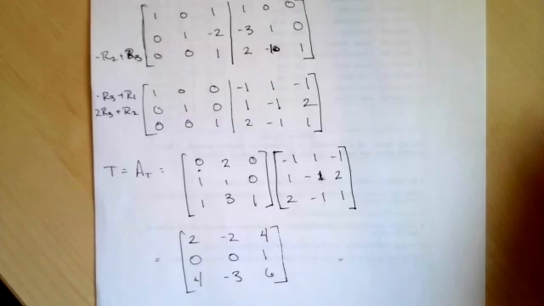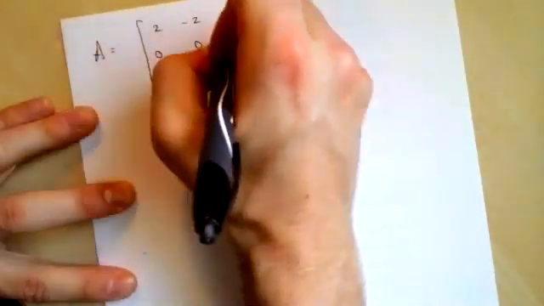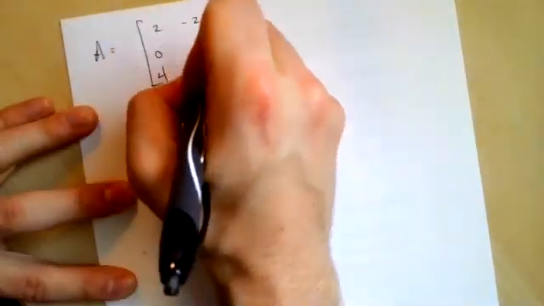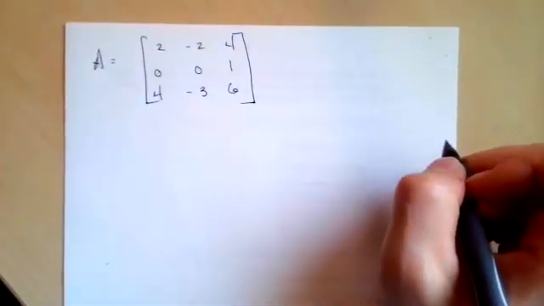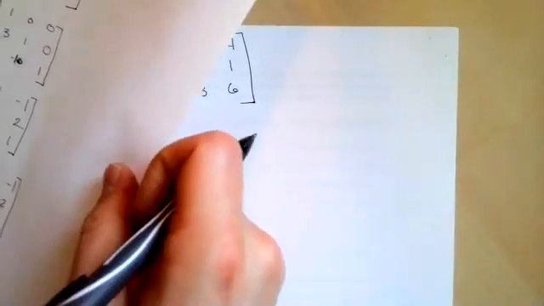And now, moment of truth. Did we do our algebra right? All the arithmetic. So our A we have as 2, -2, 4, 0, 0, 1, and 4, -3, 6. And so how do we check?